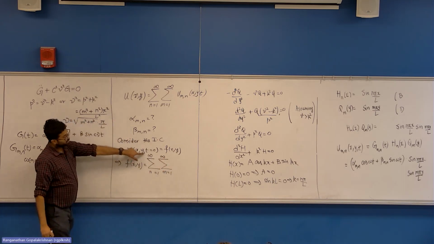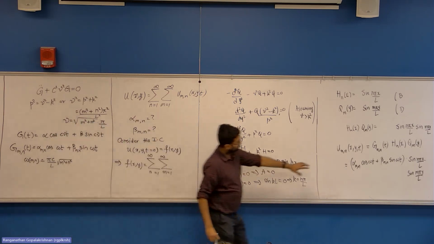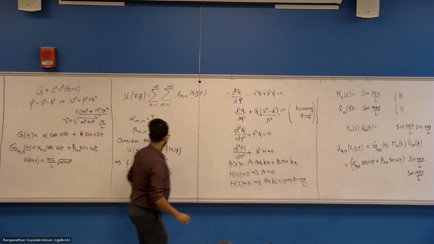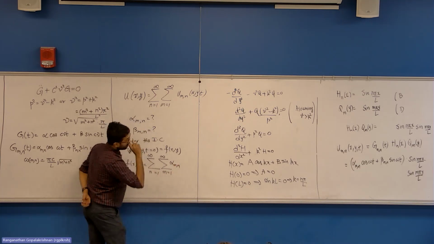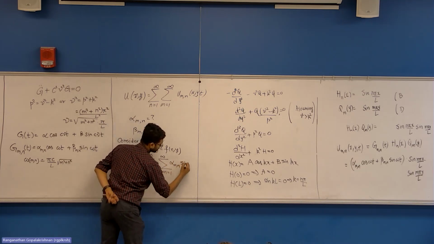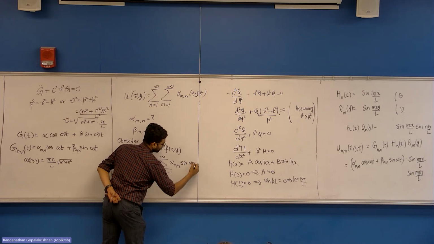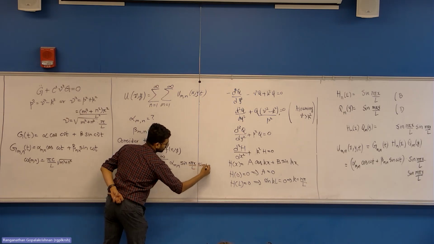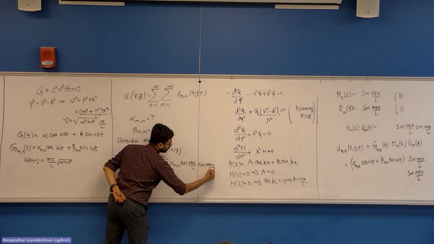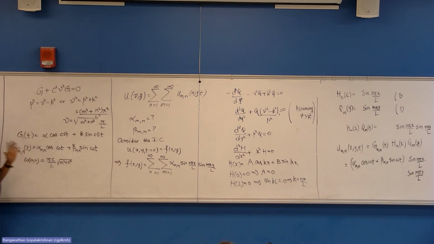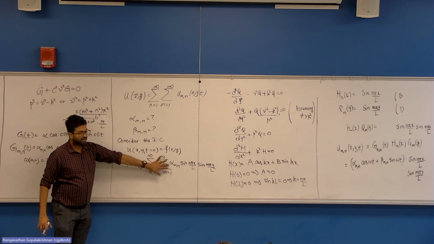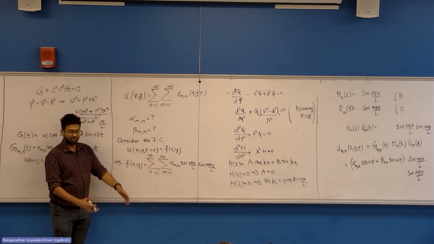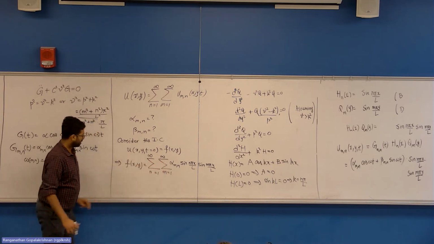So I have to substitute t equal to 0, which will make beta go away. So I would have alpha m comma n multiplied by the two sine functions, sine n pi x over L, sine m pi y over L. Instead of airdropping the formula, maybe next lecture I can give you some more details on how this alpha is actually coming out. So right now we'll just write it here.